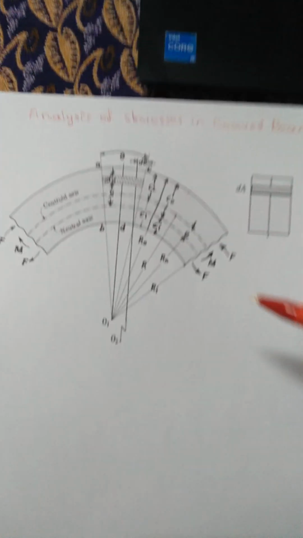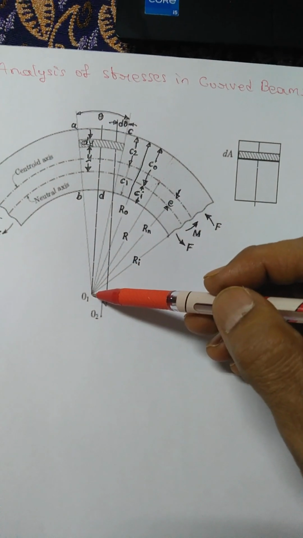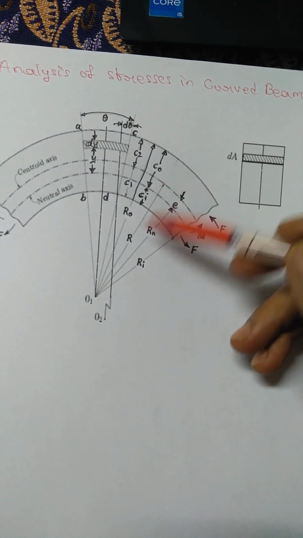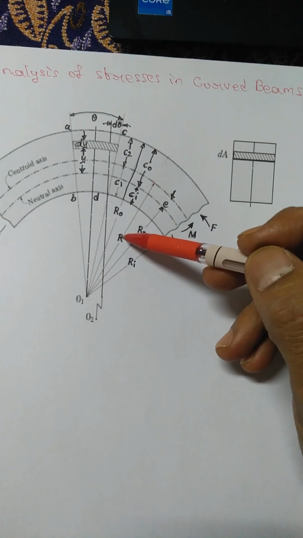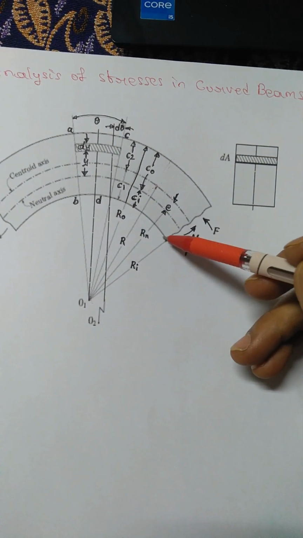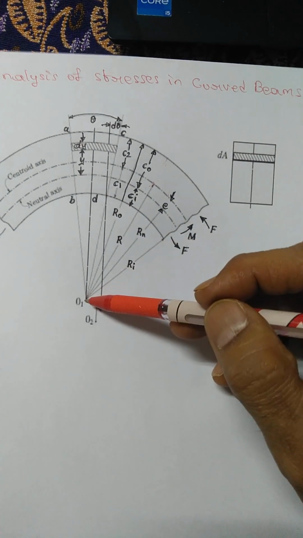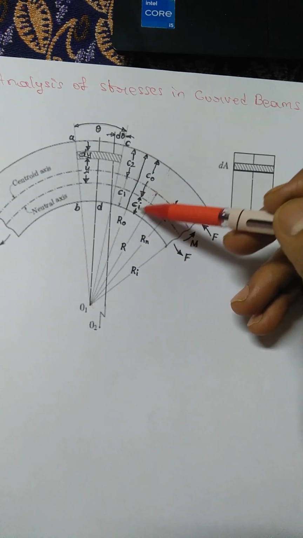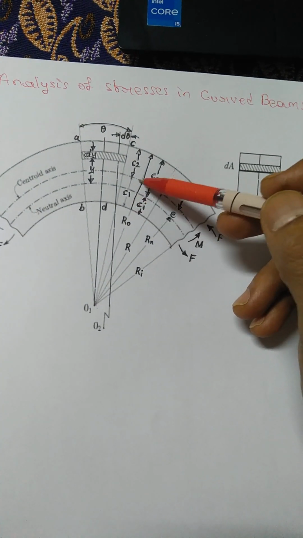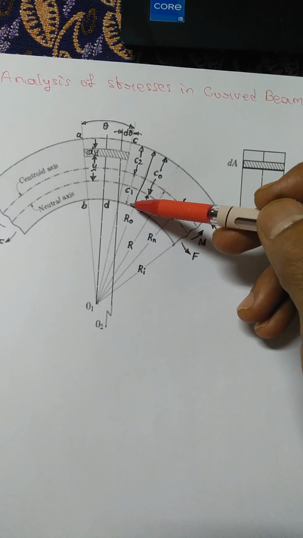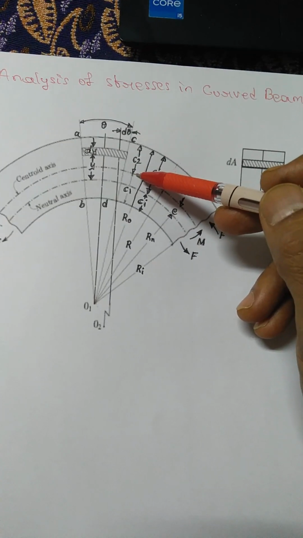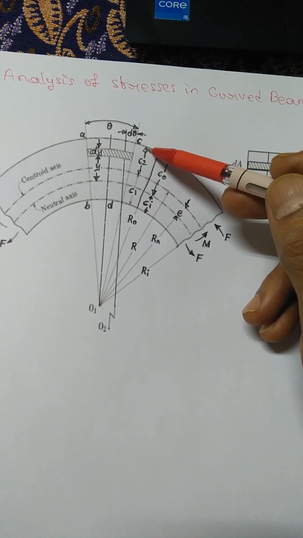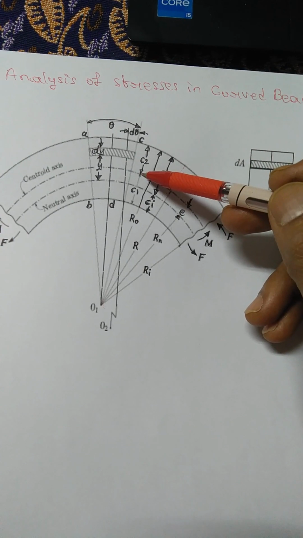See here, this is the origin. r is the distance from the origin to the centroidal axis, ri is from the origin to the inner fiber, and ro is from the origin to the outer fiber. Here c1 is the distance from the inner fiber to the centroidal axis, and c2 is the distance from the outer fiber to the centroidal axis.